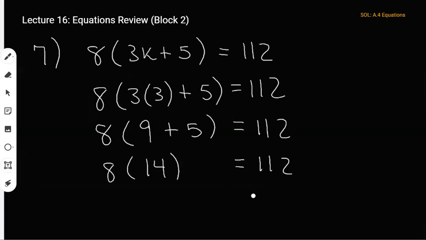And then 8 times 14 is going to give me 112. And that's going to give me my true statement. That's how I know that k equals 3 is going to be a solution for this equation.